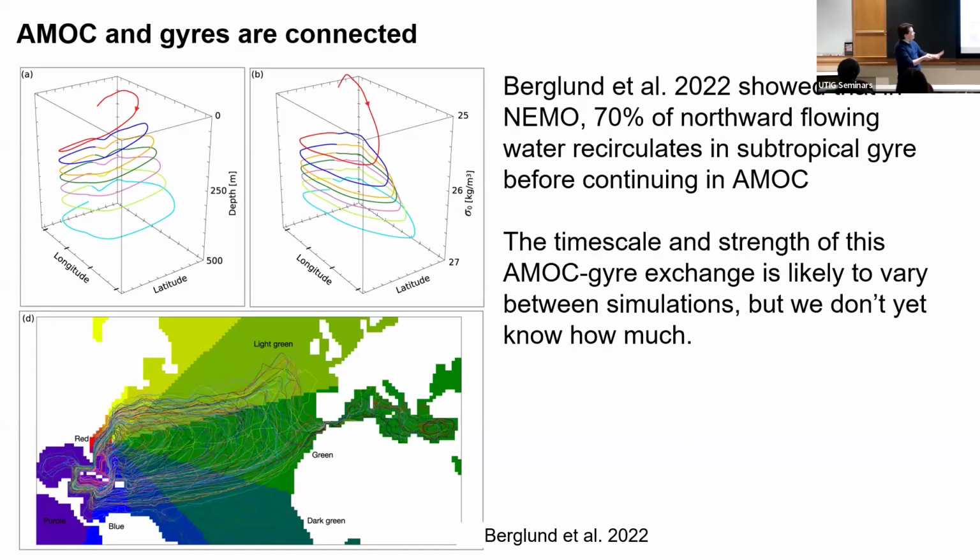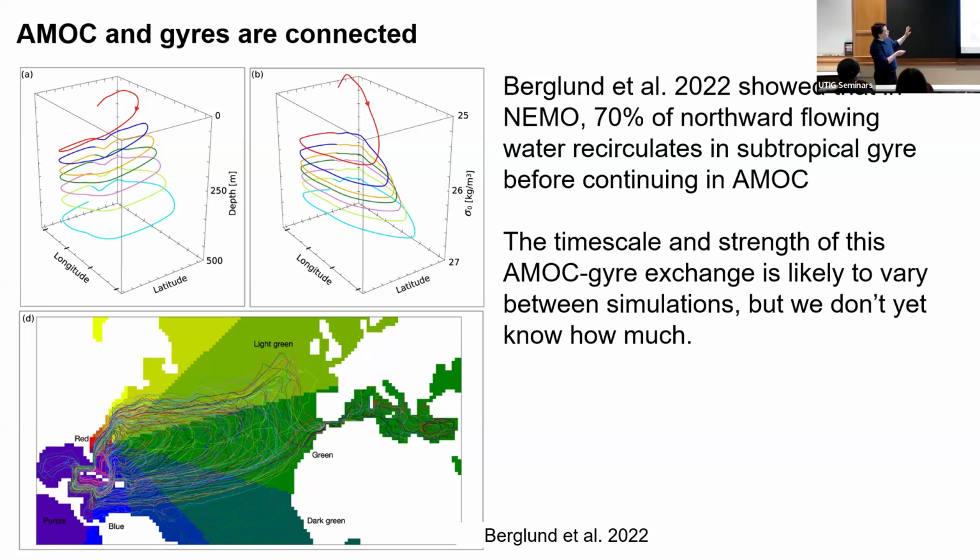So a lot of the motivation comes from thinking about AMOC. But it turns out that AMOC isn't completely disconnected from the horizontal circulation of the ocean. I was inspired by a paper by Sarah Berglund.